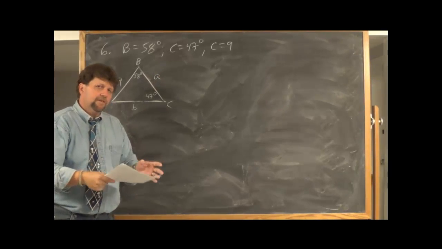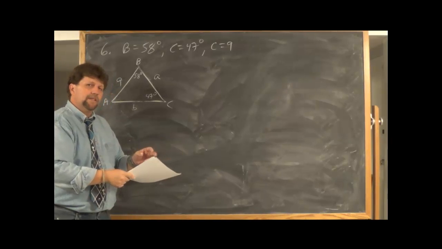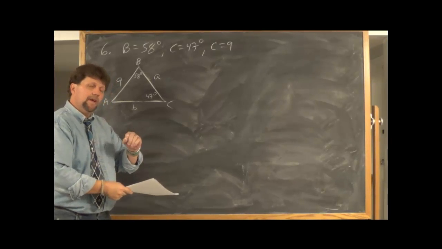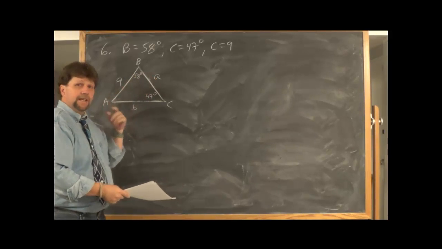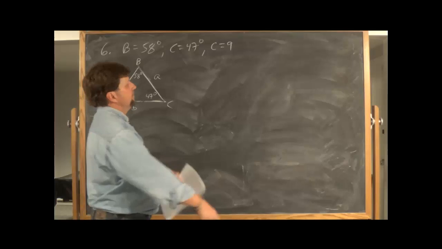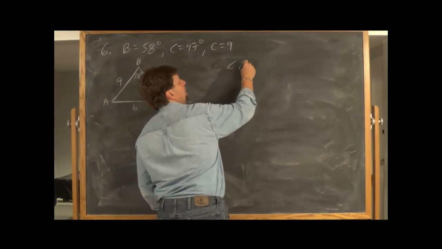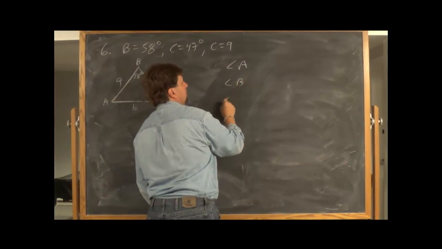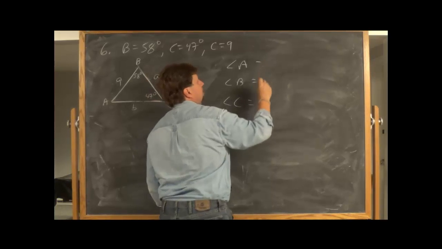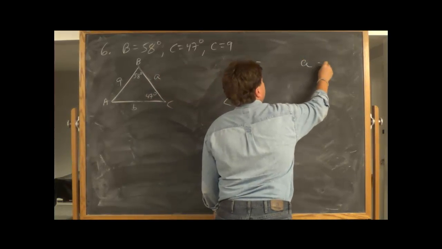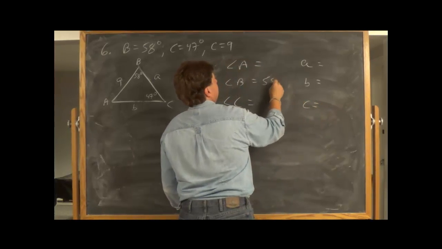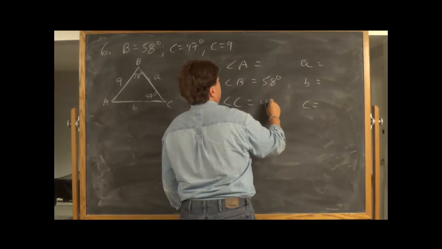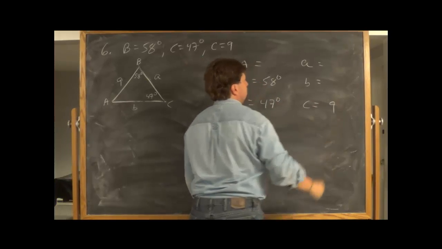Remember, to solve a triangle, you have to find 6 bits of information: the measure of all 3 angles and the length of all 3 sides. So I'll make a little solution area. We know this is 58 degrees, this is 47 degrees, and this is 9.